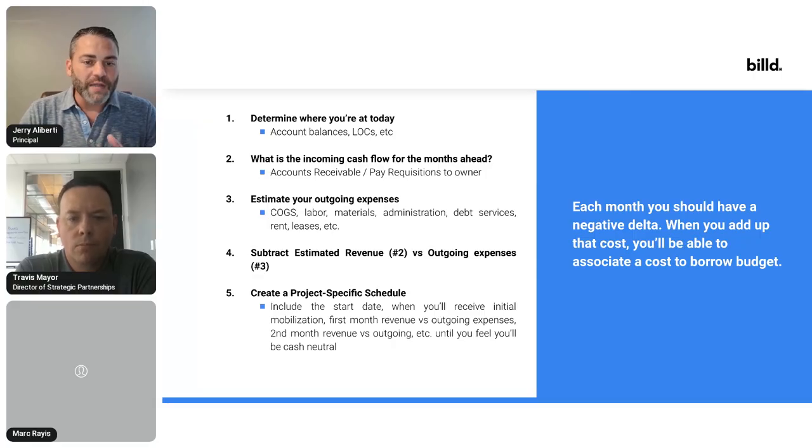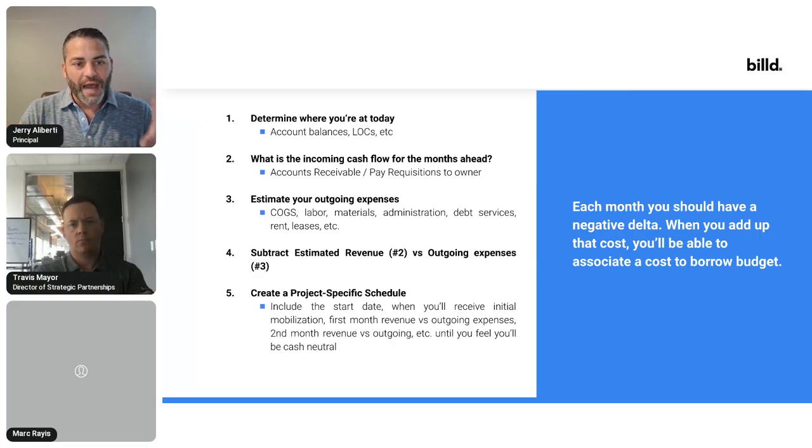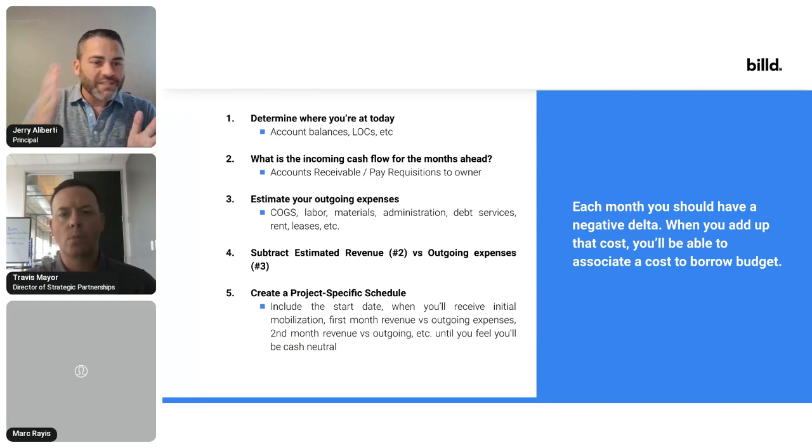So what I like to do is I like to develop a simple Excel spreadsheet where you're going to have your mobilization, you're going to factor in your retention as well, which is typically 10% retention. And then you're going to go out X amount of months wherever you feel you're going to become cash flow neutral.